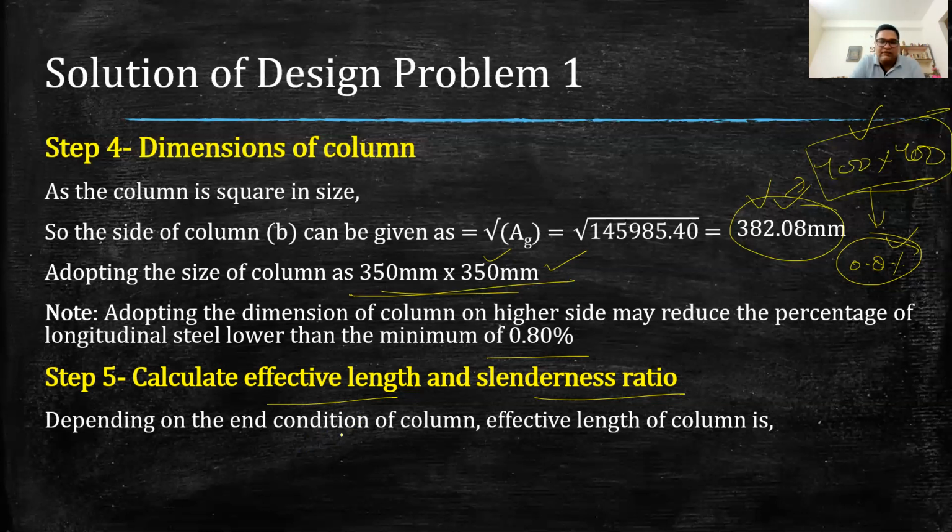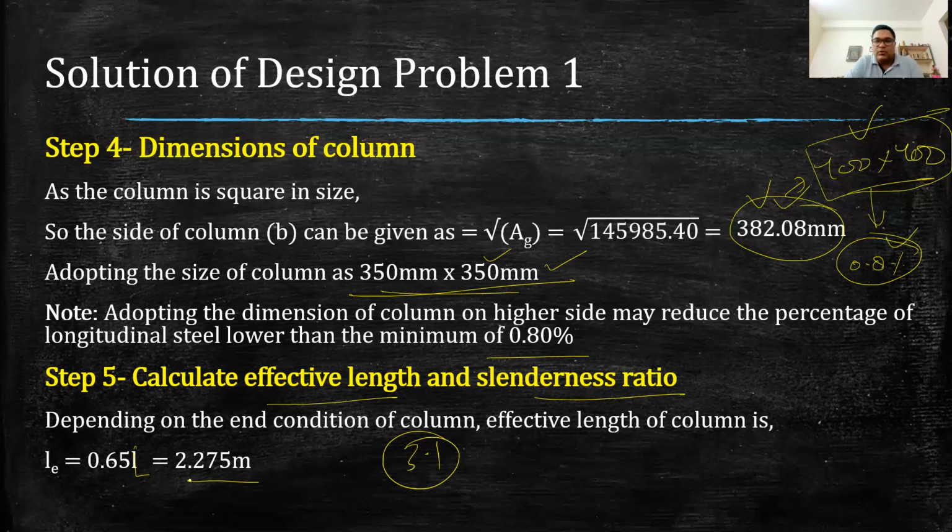So for that, L effective is 0.65 times L. L is given as 3.1 meter. So putting the value of 3.1 in place of L, we get the effective length of column as 2.275.